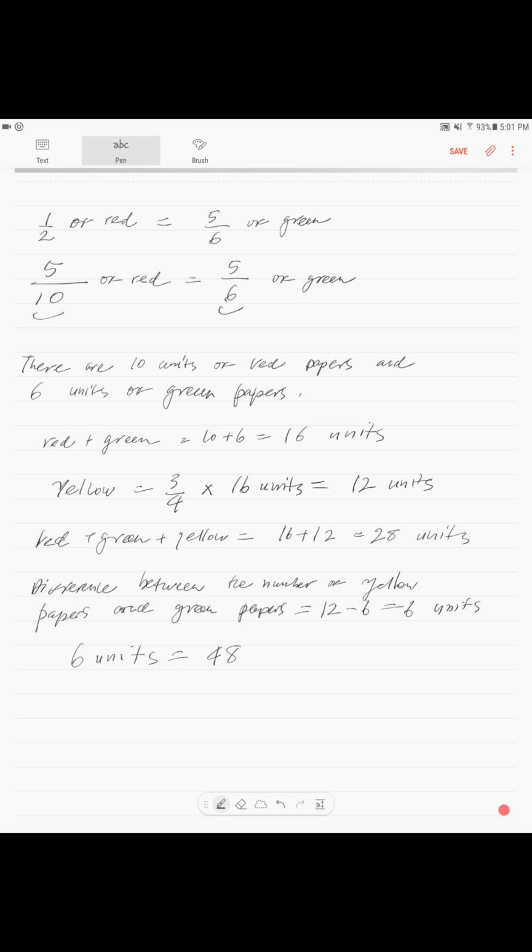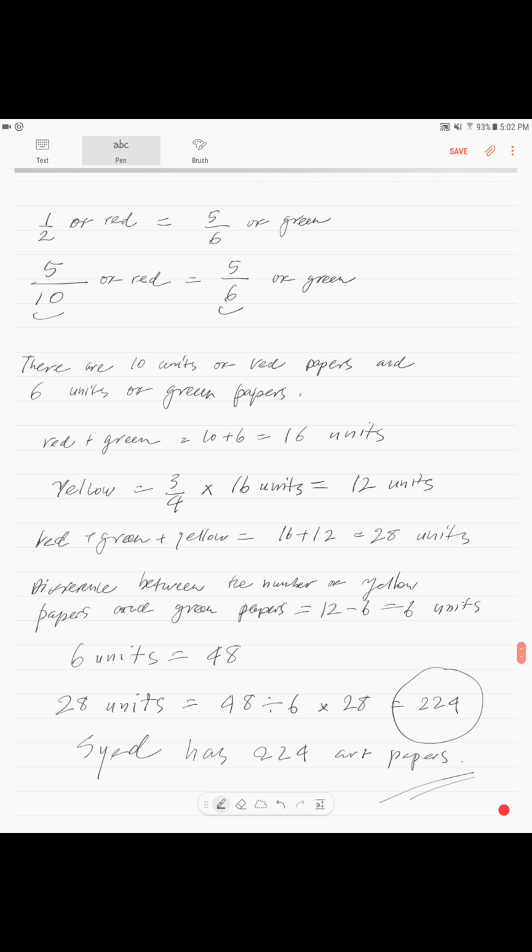So if 6 units is 48, then what is 1 unit? 48 divided by 6 is 8. You multiply it times 28, and you get 224. This is your answer, 224. So you write your answer: Syed has 224 art papers. That's it.